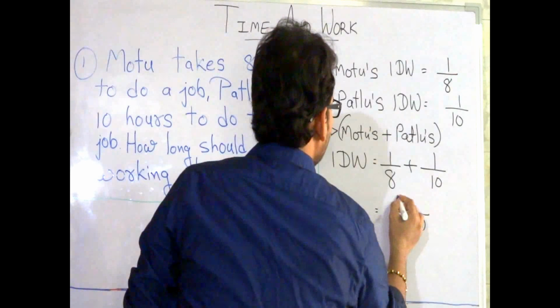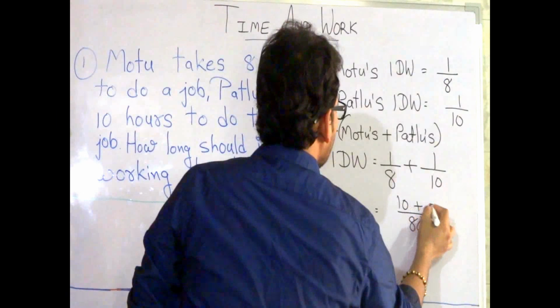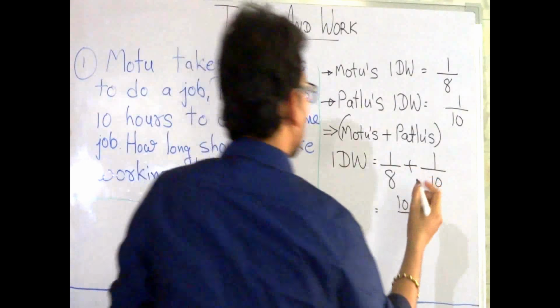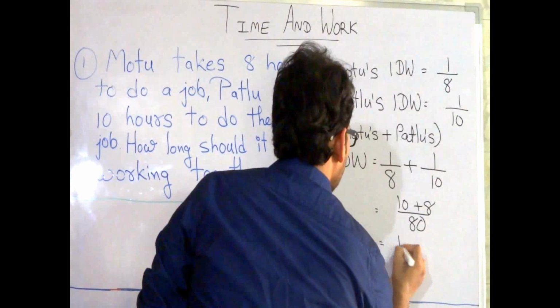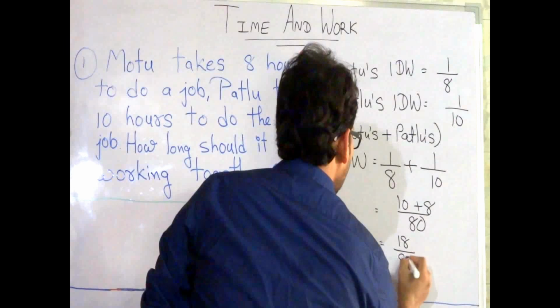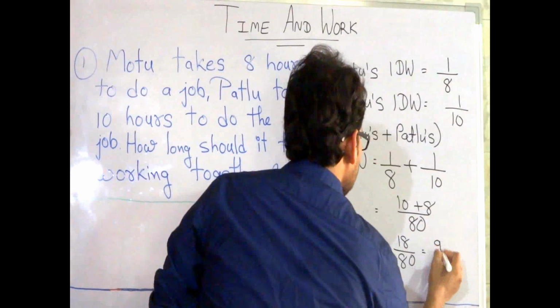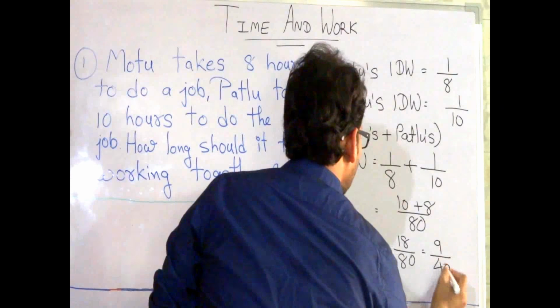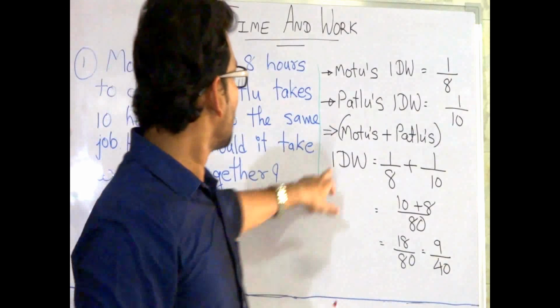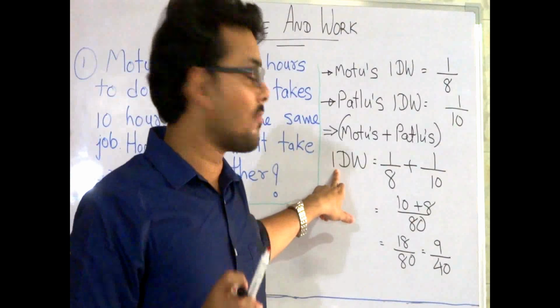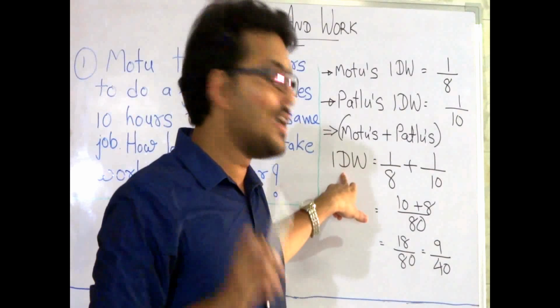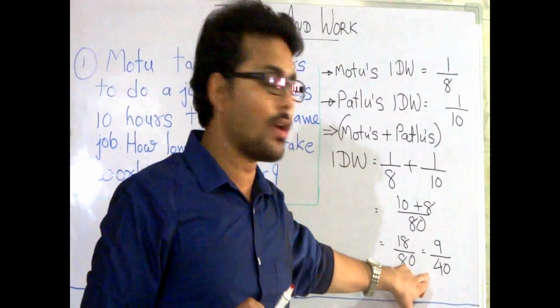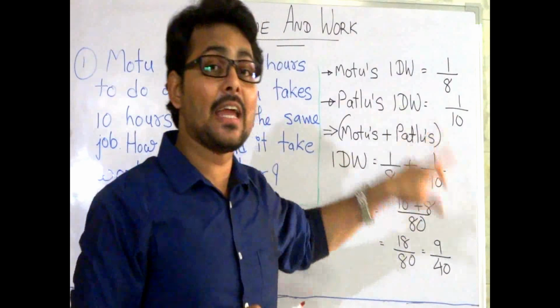Take LCM. (18 divided by 80), that is 9 divided by 40. Okay, so if both are working together, 1 day work is equal to 9 by 40.